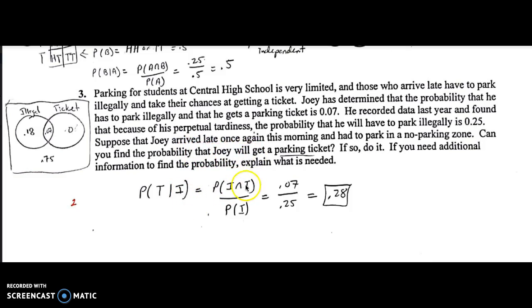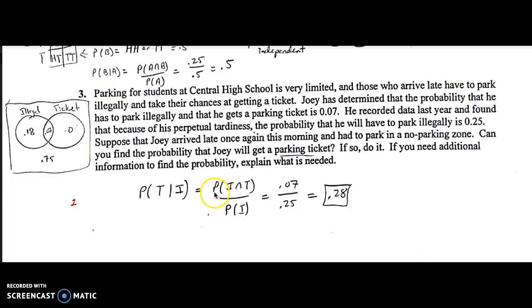So we are trying to find the probability that he gets a parking ticket. So he gets a parking ticket when he parks illegally. So you're looking for the probability that he gets a ticket given that he's parked illegally. That's another conditional probability. So again, we're using the same formula that we did for number 2.